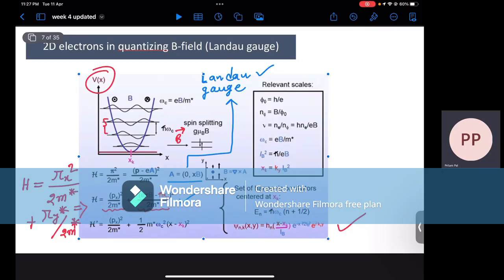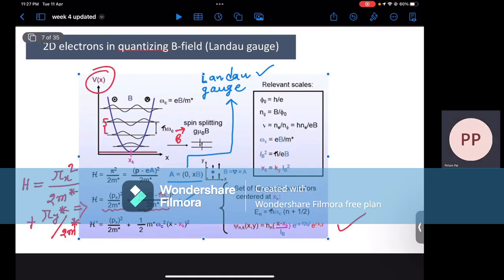So we arrive at a harmonic oscillator solution. Energy is separated by integer multiples of the cyclotron frequency. The exact wave function is given by polynomials centered at the orbit coordinate, which is itself proportional to the momentum in the y direction, right?